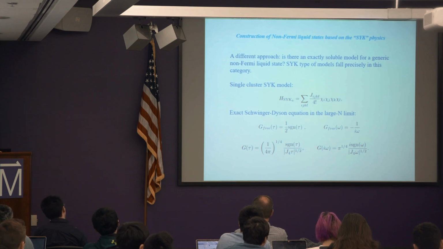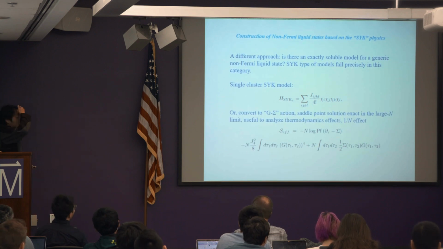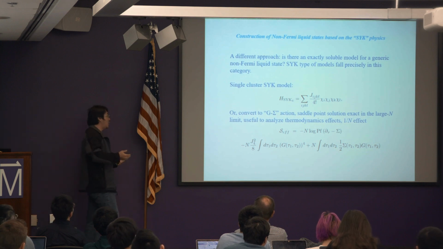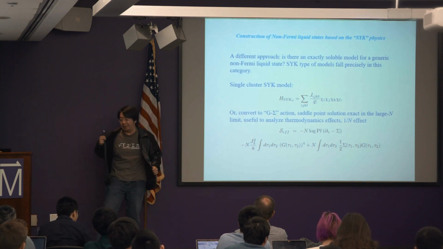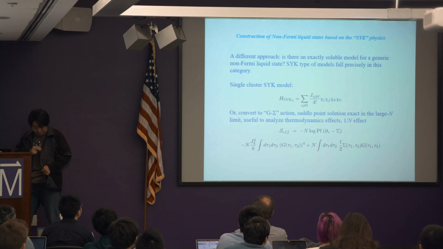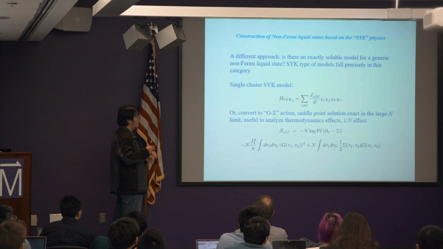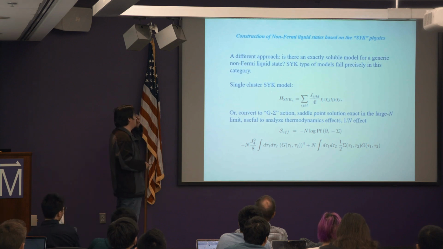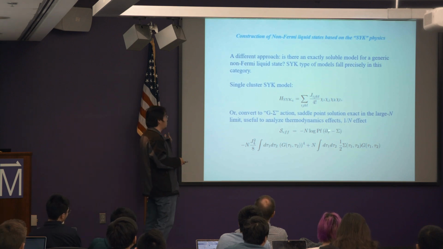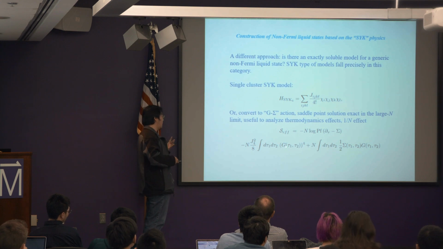Okay, so how do we deal with the SYK model? Besides summing over the Schwinger-Dyson equation, another very useful approach is to bosonize it. It means that we integrate out the fermion, and introduce the fermion Green's function and the self-energy as the fermion bilinear.